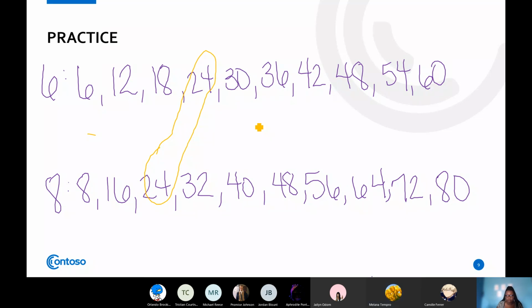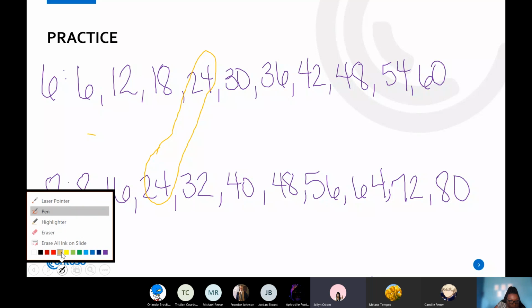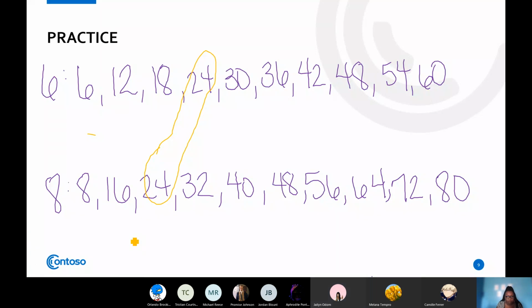Very good. My bad, I accidentally put 3. No worries, you fixed it, Pumpkin.